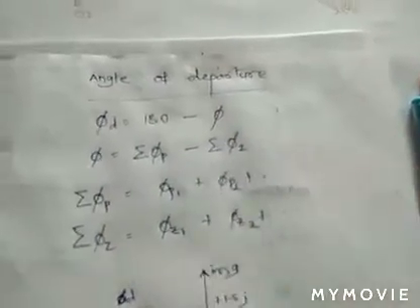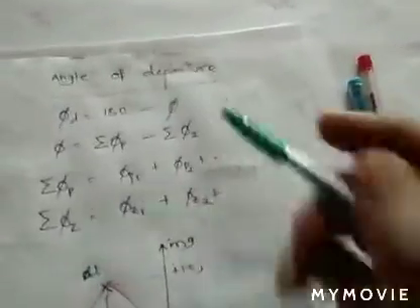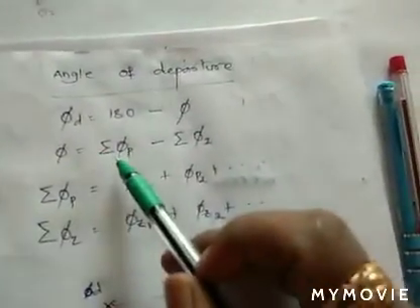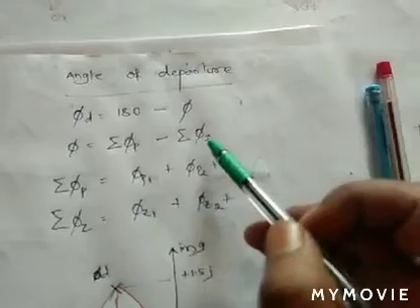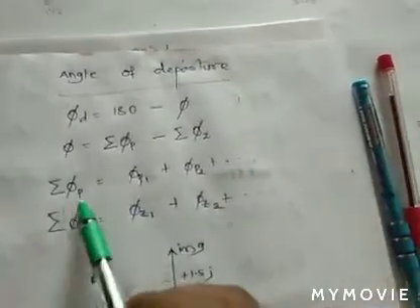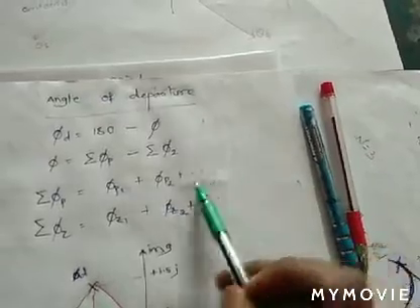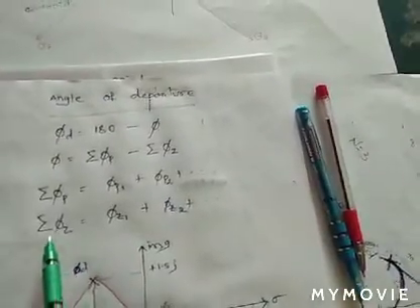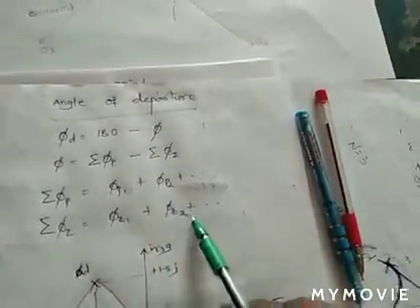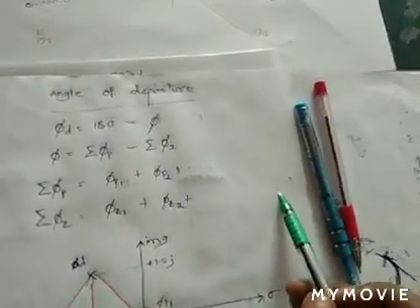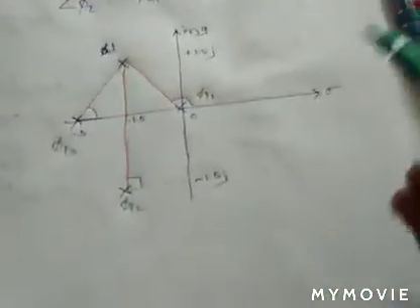So you know the formula, phi d is equal to 180 minus phi, where summation of phi is equal to summation of phi p minus summation of phi z. Summation of phi p means phi p1, phi p2, and so on for all poles in the problem. Summation of phi z means phi z1, phi z2, for all the zeros.